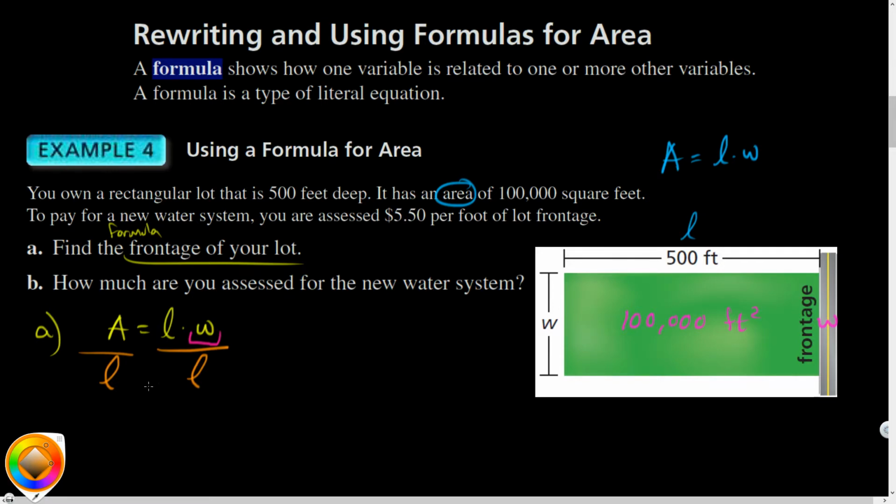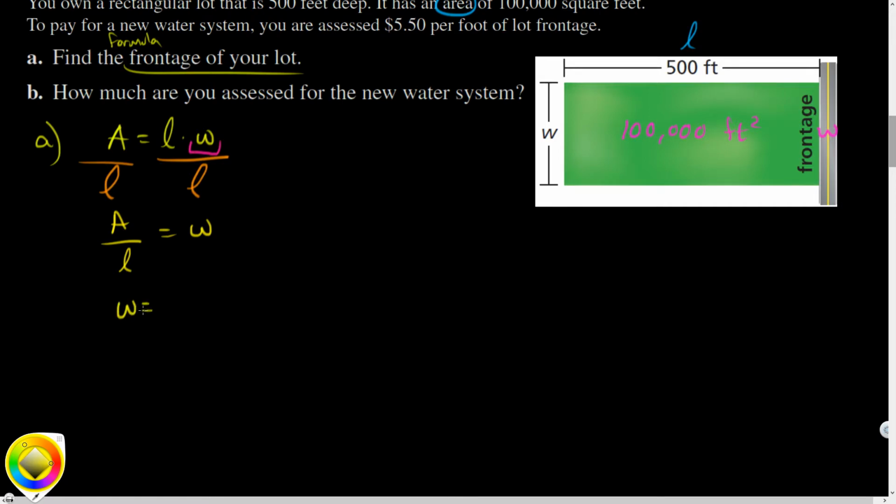So I'm going to divide both sides by L. So notice I would get A over L is equal to W, or I could rearrange that as W equals the area divided by the length. So this is a formula for the frontage of the lot. It's no longer solved for area, it's now solved for W.